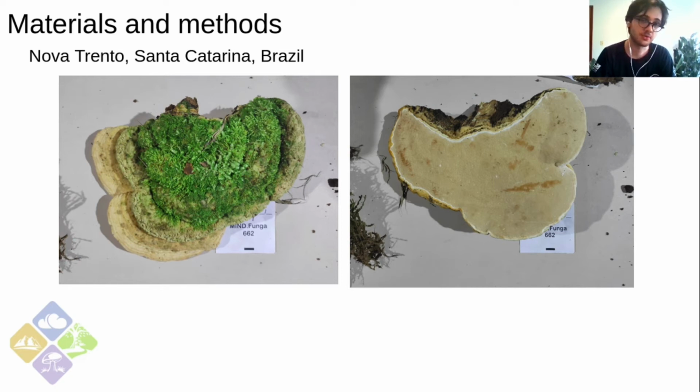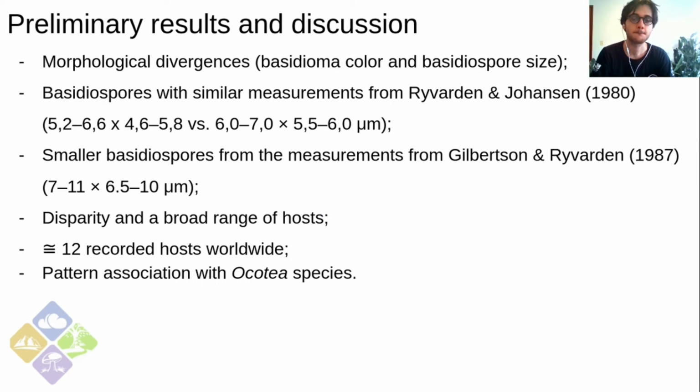Some morphological analyses were conducted for some of these specimens. In a preliminary analysis, there are some morphological differences between these specimens and materials from other areas, especially in basidioma color and basidiospore size.